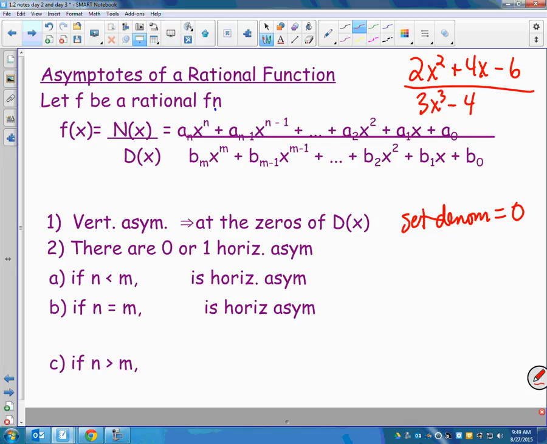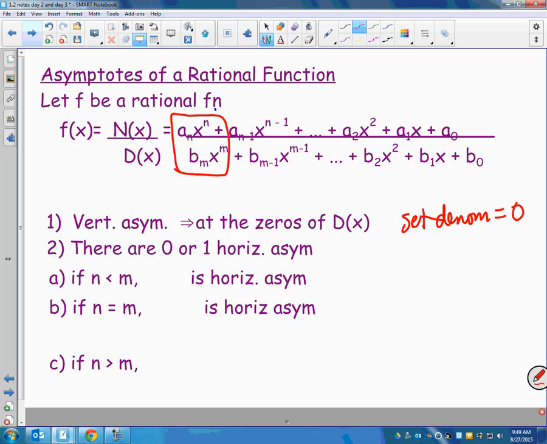Horizontal asymptotes are a little bit more complicated. For us, we're never going to deal with a function that has more than one horizontal asymptote. So there's either no horizontal asymptote, or there's one horizontal asymptote, and there are 3 options here. It all has to do with the degree of the numerator and the degree of the denominator, which is the highest exponent in the numerator and the highest exponent in the denominator, which is why I wrote it like this, so we can just use n's and m's here.